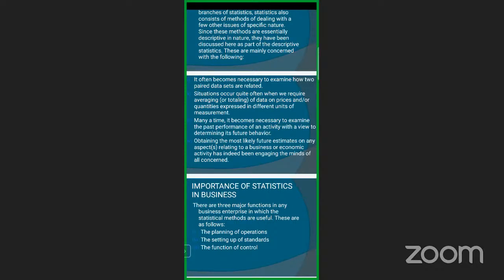For that also they can use the data which they collected and presented for the manager. So in business, statistical techniques are very important for estimation purposes and for future reference.